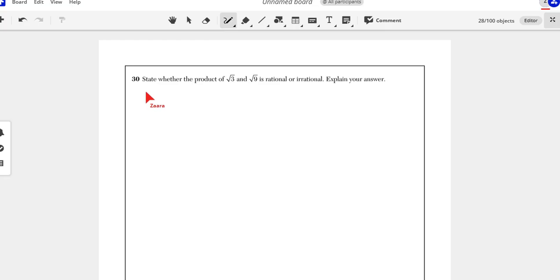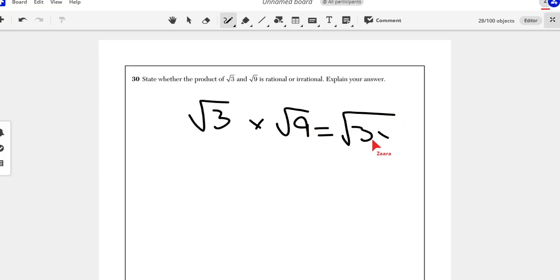State whether the product of 3 root squared and 9 squared is rational or irrational. So first what I did is I solved it and I got the product.